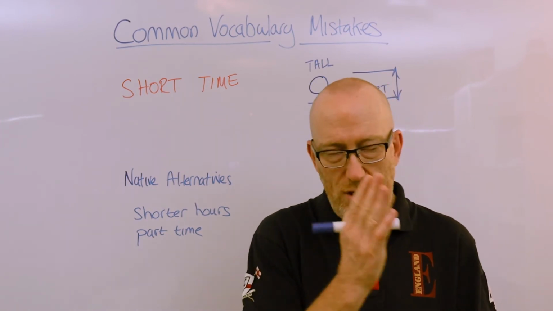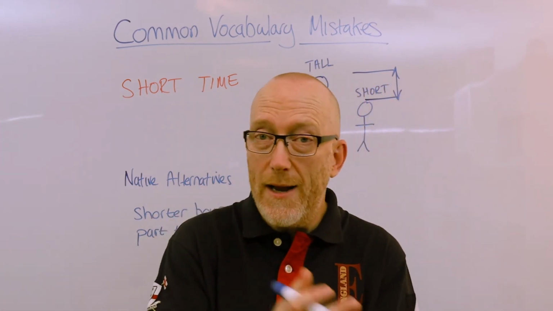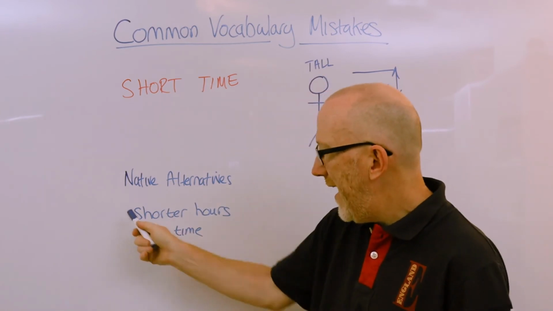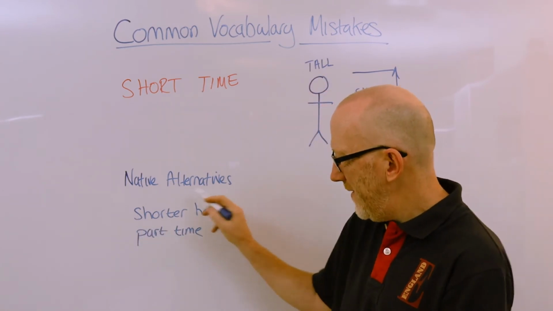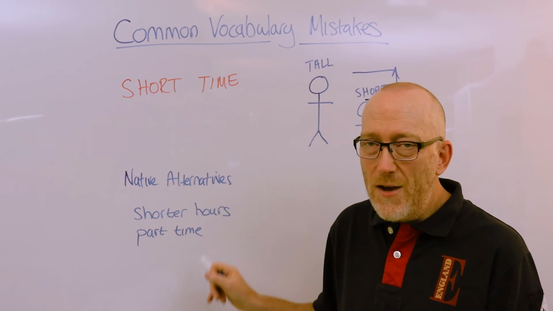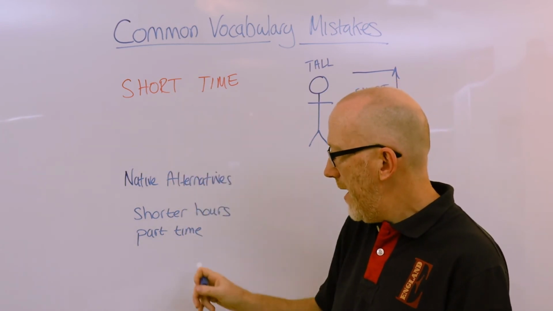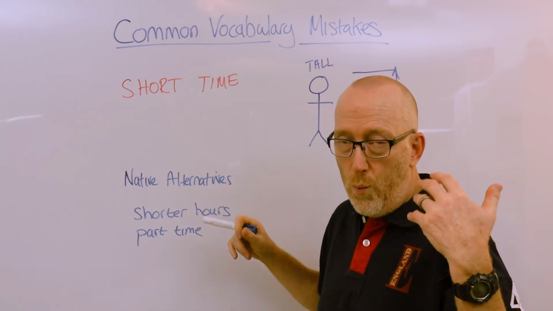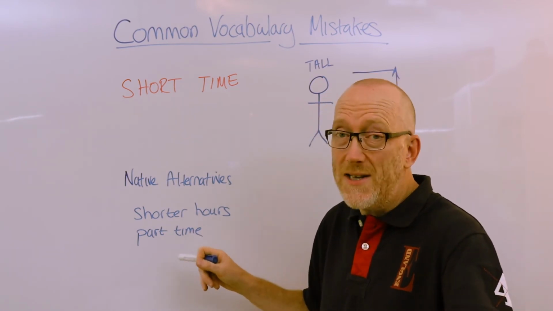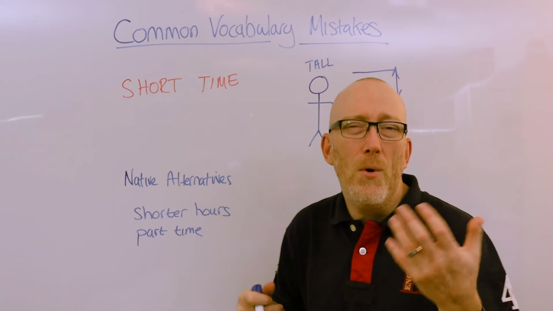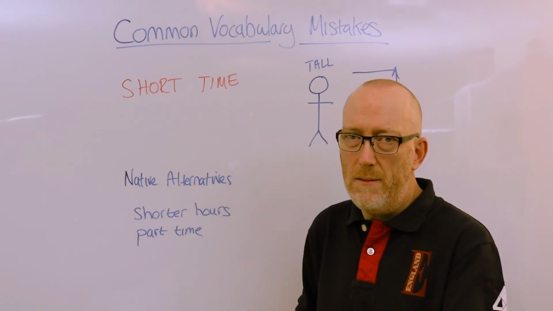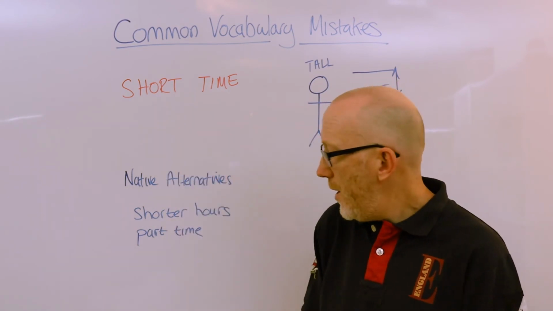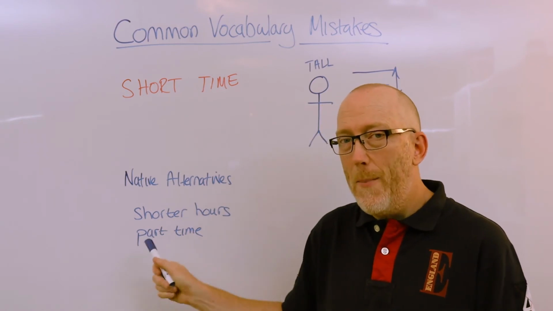Instead of going in 9 until 5, I go in at 9 and leave at 12. So that's shorter hours. These are two better alternatives to saying short time. They're more precise in terms of describing what you're trying to describe, and they're more natural as well. So no more short time. You're either working shorter hours or part time.